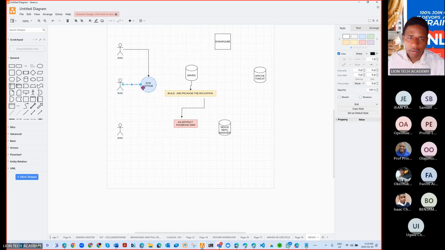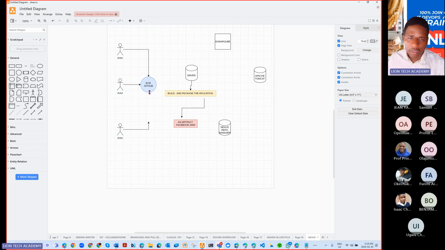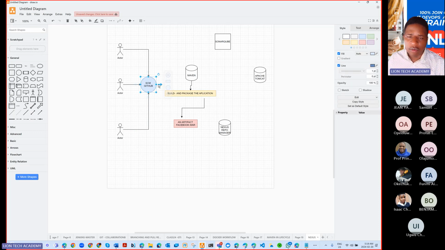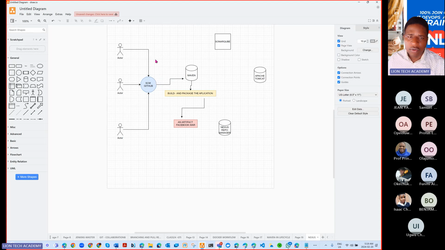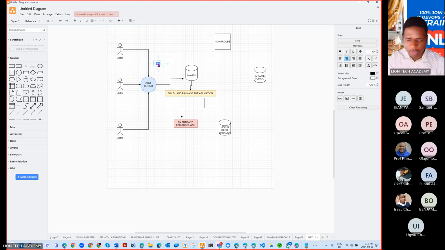From here, we are able to clone the code and build.